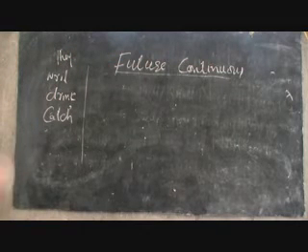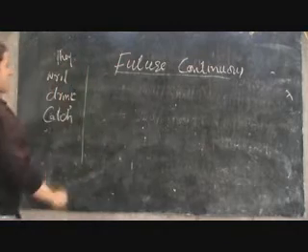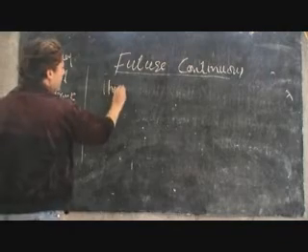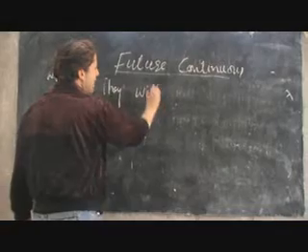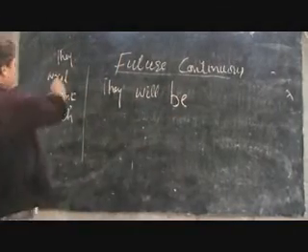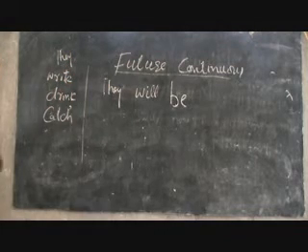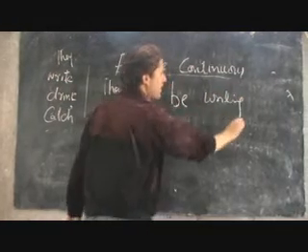And now the subject is they. So our subject is first and we'll write here they. Then in future continuous it's will. And now it's be. As per the formula, they will be. And we'll use from there, write: they will be writing a letter. If you follow it by an object here, they will be writing a letter.